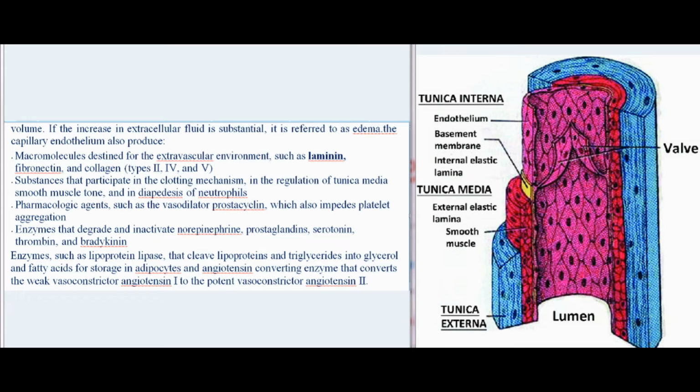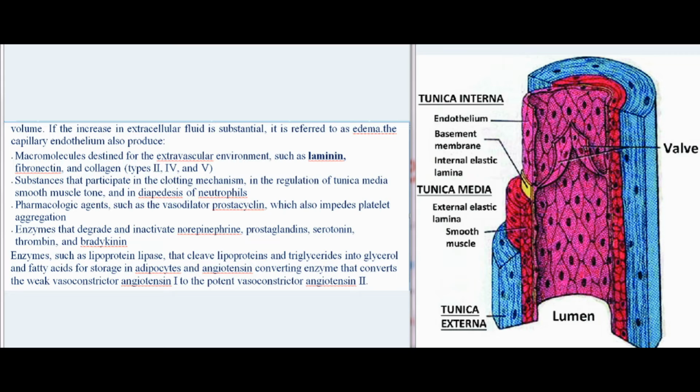The capillary endothelium also produces macromolecules destined for the extravascular environment, such as laminin, fibronectin, and collagen, types II, IV, and V, substances that participate in the clotting mechanism, in the regulation of tunica media smooth muscle tone, and in diapedesis of neutrophils.